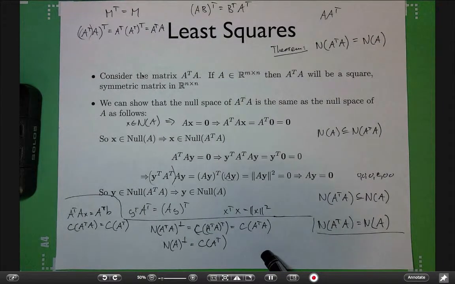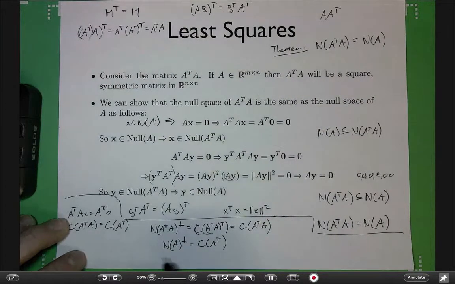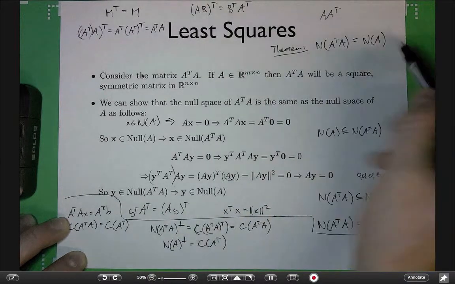This is what we discussed when we were talking about the four fundamental subspaces of an arbitrary rectangular matrix. Here I just applied it to matrix A, and here I applied it to matrix AᵀA. But the null space of A is the same as the null space of AᵀA, which is what we have just proven.